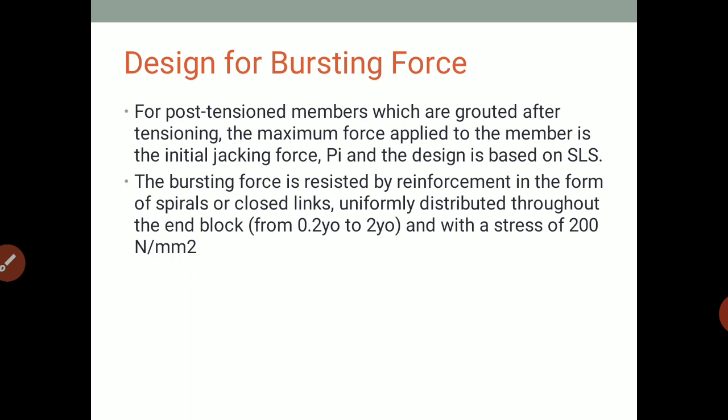In the next session we'll start one numerical, and while solving that numerical we'll use the IS code again and go to those particular clauses. It will get more clear to you. This is only the theory part that we have covered here, but in the next session we'll go with the numerical and it will give you a clearer picture. Okay, thank you.